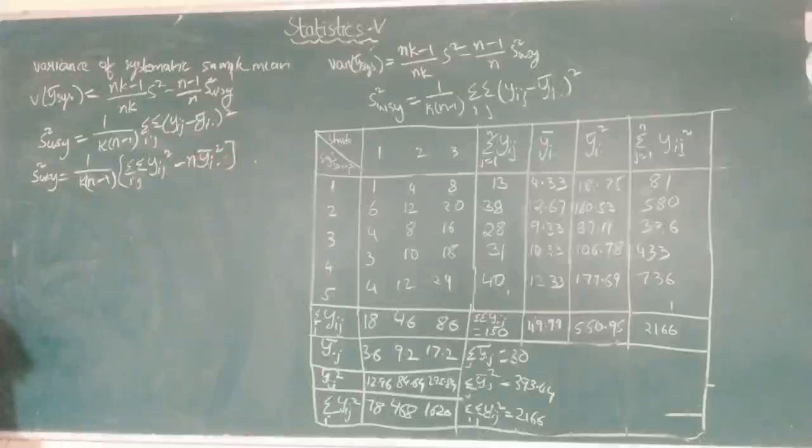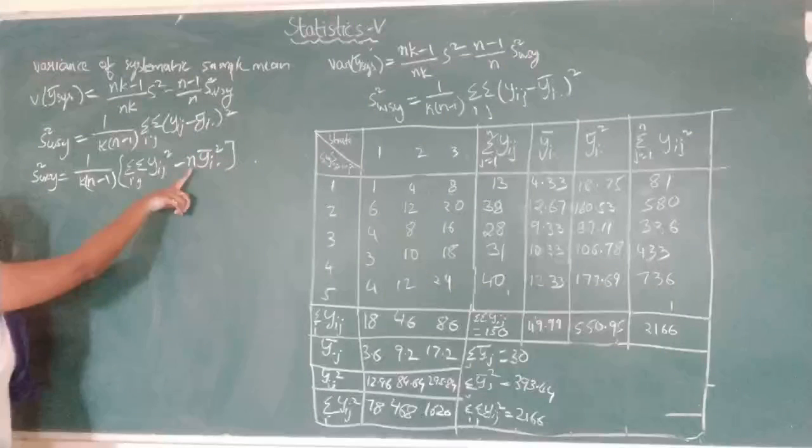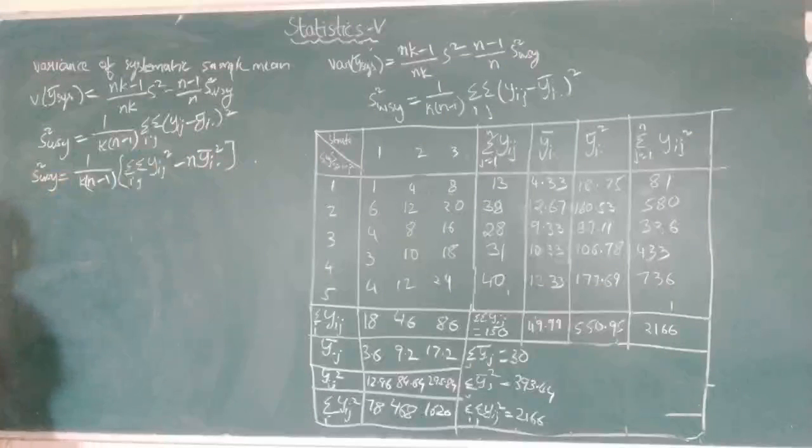Remember, that is for the strata and this is for the systematic sample. So here we will use n into y i dot bar square. There we used k into y dot j.